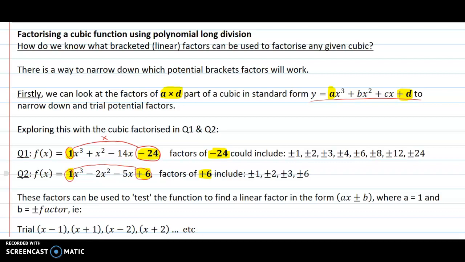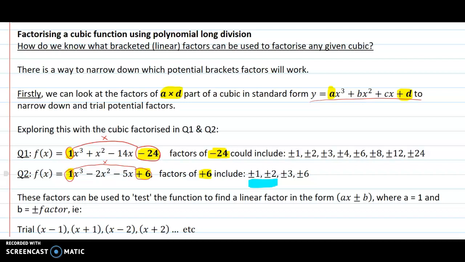So any combination that works to give the value of positive 6 there. After I've identified these factors, then it's a bit of trial and error. And what we do is we focus on the lower end value factors. So I would always start with positive 1, negative 1, positive 2, negative 2, working my way up.